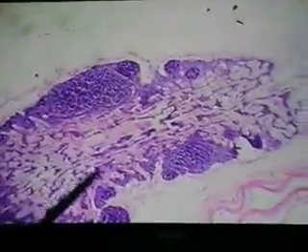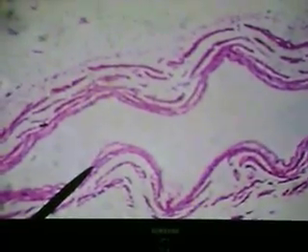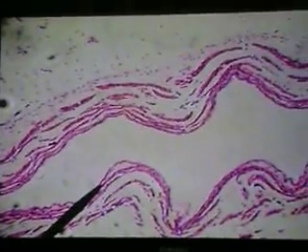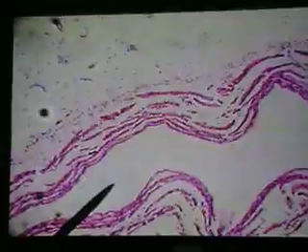There'll be a lot of sympathetics traveling with the aorta. And there we see the lymph nodes, maybe some para-aortic lymph node. And there we see the inferior vena cava. This is the largest vein that we're going to encounter in the body. I can see the endothelial layer, and you see the structure of the vein.